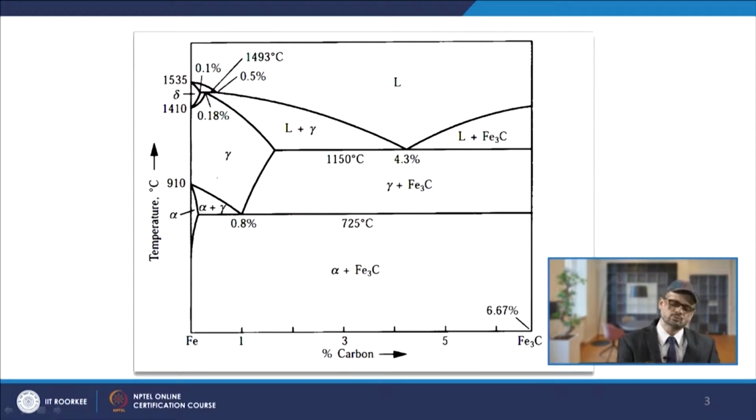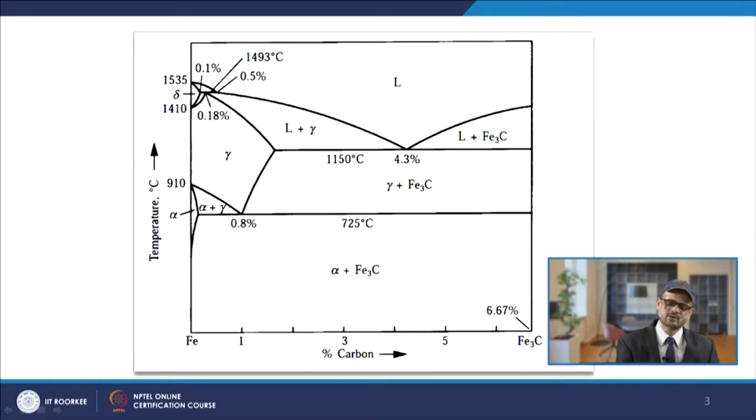If you come to any composition lesser than, or towards the left hand side of, this eutectoid point, then when the temperature reaches below this, you will have formation of alpha, and that will be of this composition, and then formation of gamma.